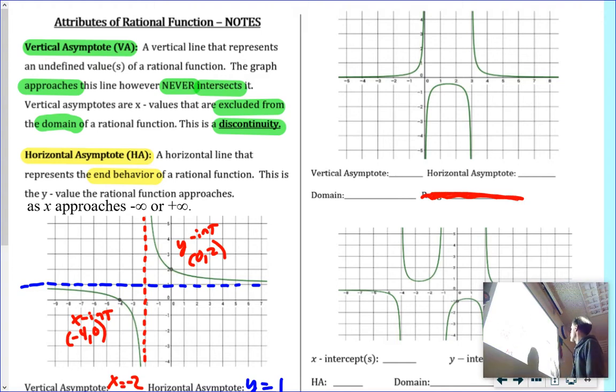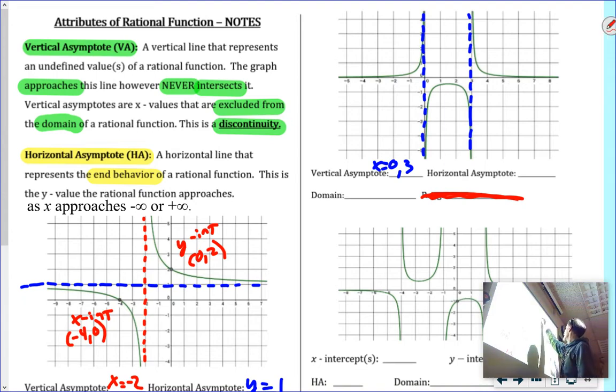So if I were to sketch those in, looks to me like the vertical asymptotes, let me use a different color, looks like there's one here and another one here. So that means my VA would be x equals 0 and x equals 3, I think would be reasonable.